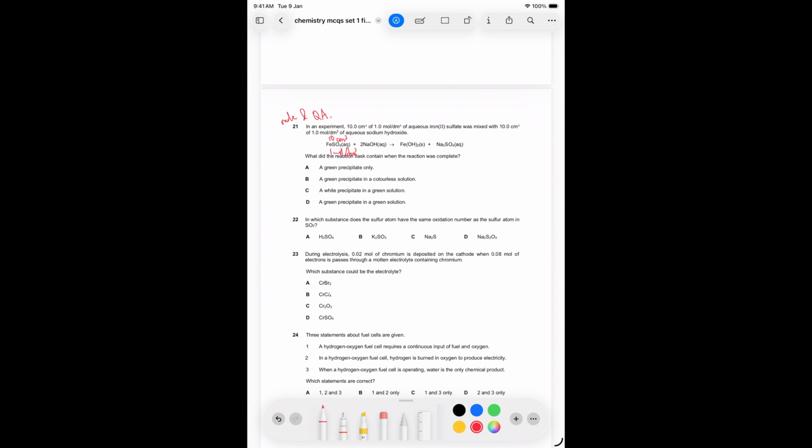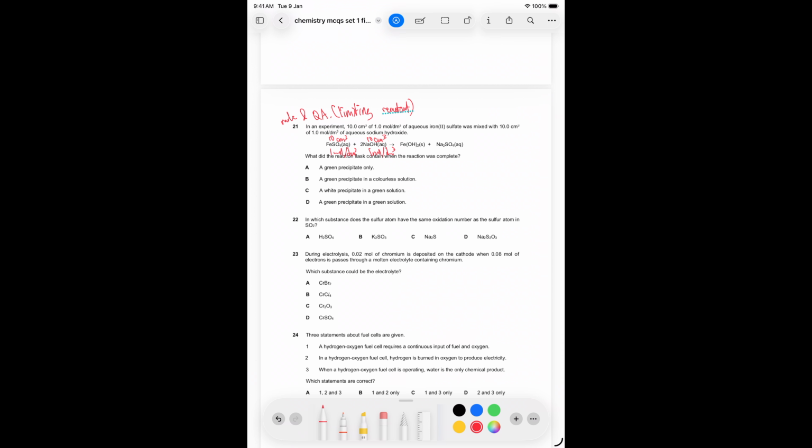You react it with sodium hydroxide, which is also 10 cm³, and the concentration is 1 mole per dm³ as well. So this is actually a limiting reactant question. One of the reactants will be in excess.